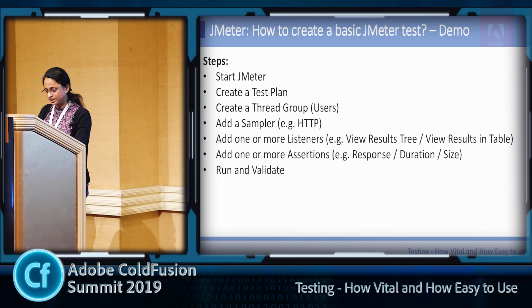The next thing is I want to know the results of this test. So let me go ahead and add listeners. Let's say View Results Tree, and also View Results in Table. Alright, so let's now run the test.